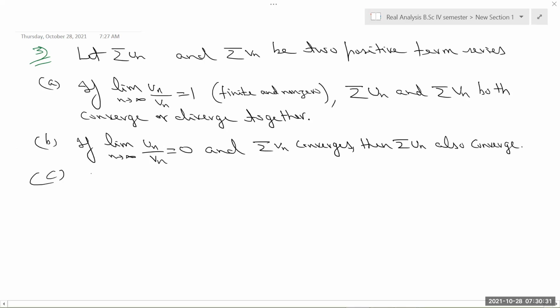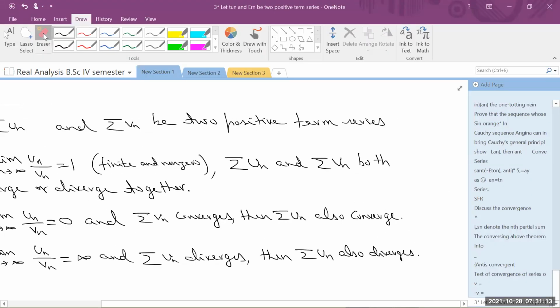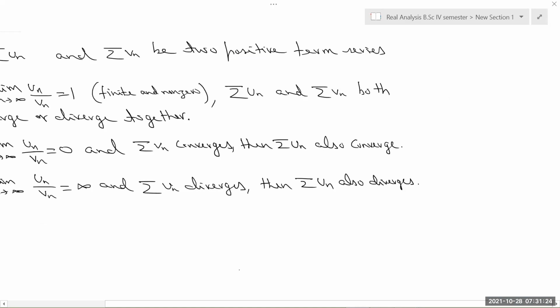Third part, if the limit as n tends to infinity of Un by Vn is equal to infinity, and the series Vn diverges, then this series Un will also diverge.